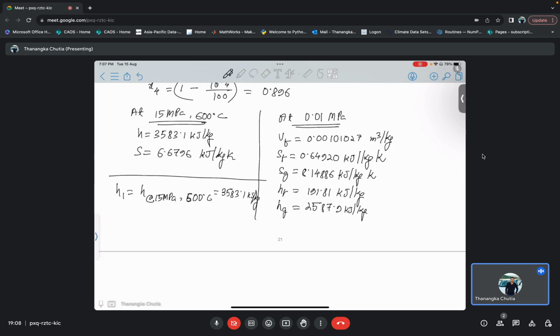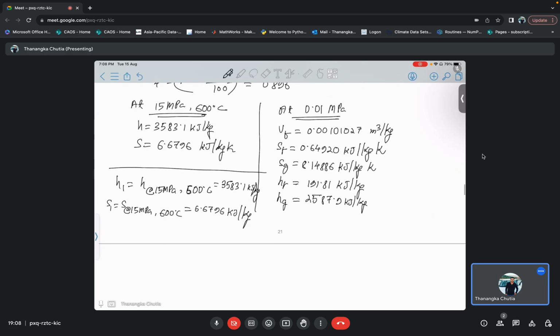And your S1 is equal to S at 15 megapascal and 600 degrees Celsius, which is equal to 6.6796 kilojoule per kg Kelvin. Then what we know, S1 is equal to S2, which is equal to 6.6796.